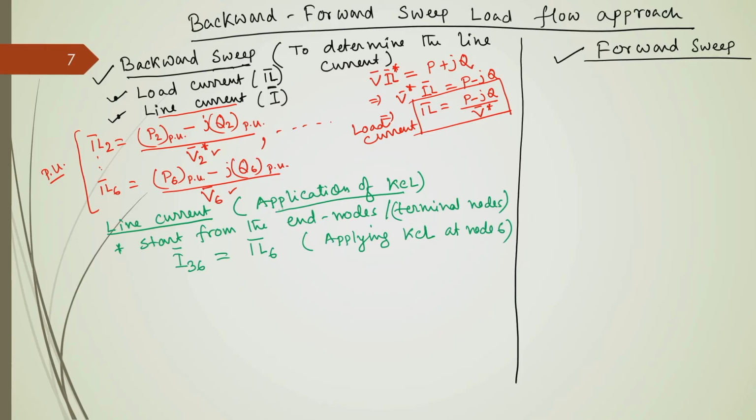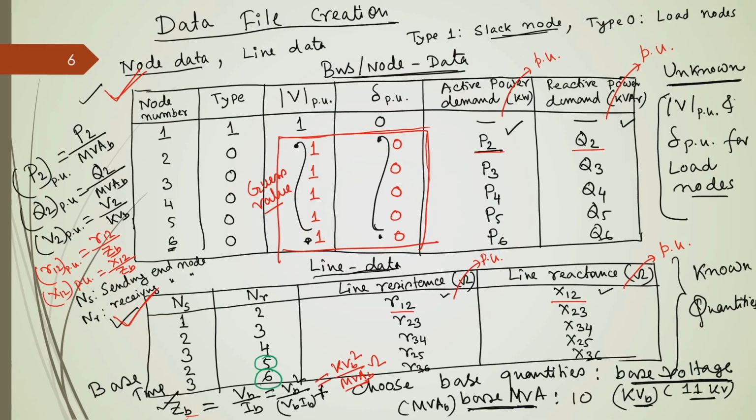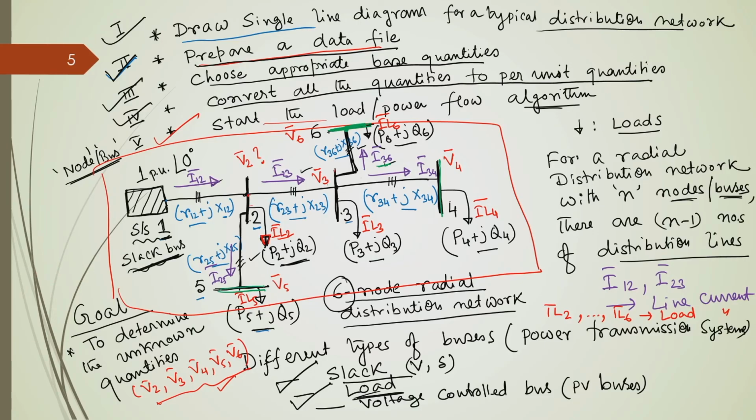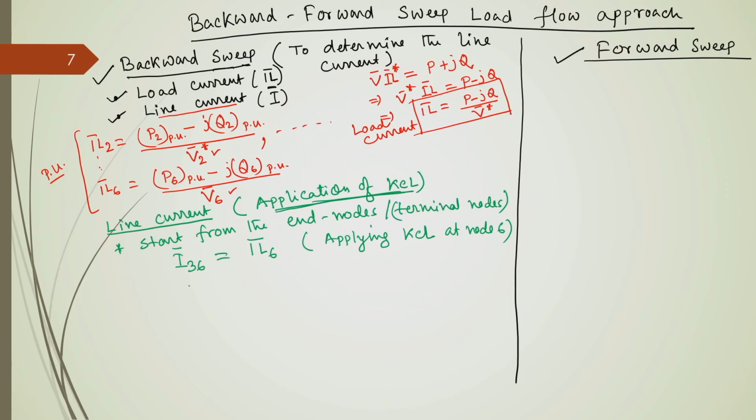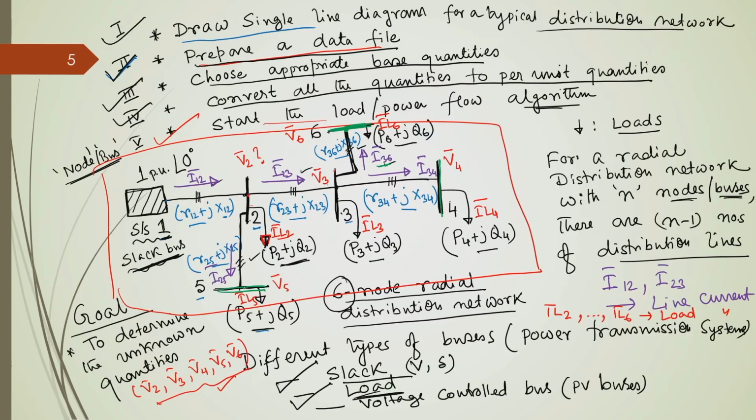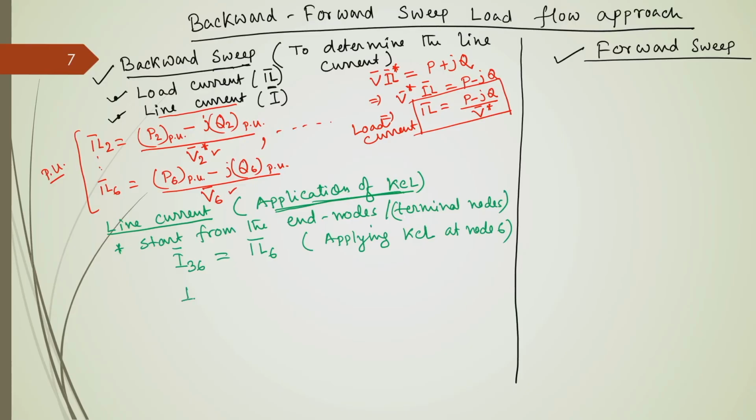Okay. So, as I said, line current calculation is simply application of KCL. Similarly, next I will come to node 5, which is again a terminal node, because there is no node connected beyond it. So, we apply KCL at this point, and application of KCL says that I25 will be equal to IL5. So, we can write I25 is equal to IL5. Okay.